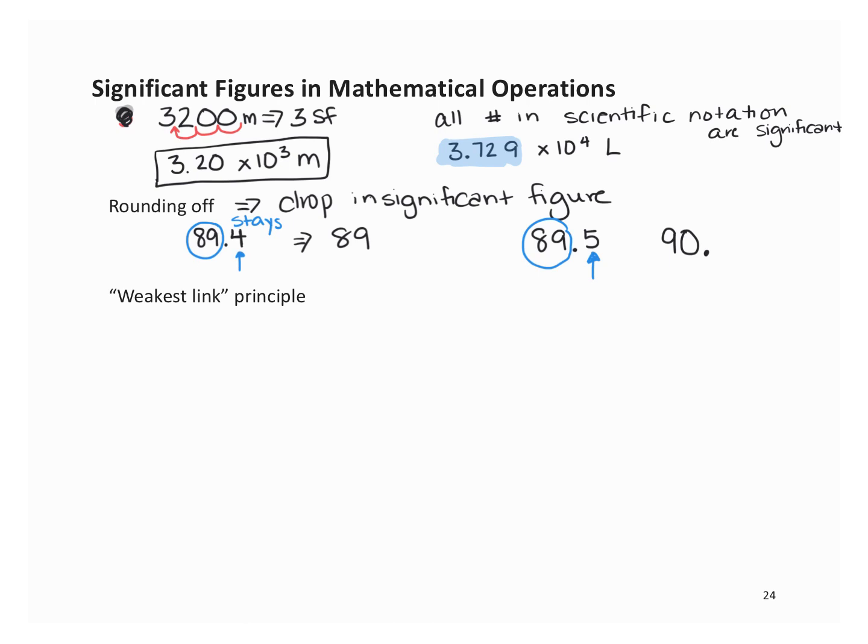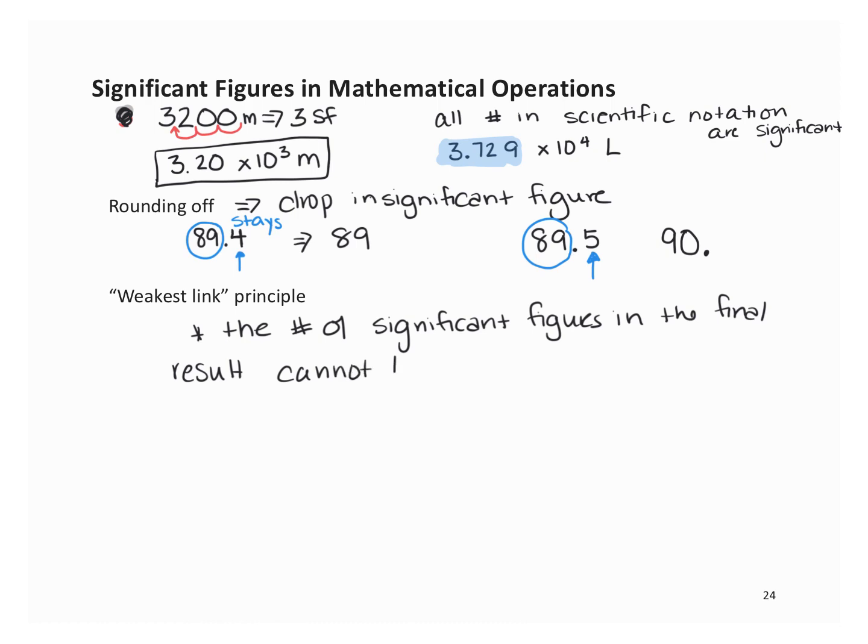Basically what that means is the number of significant figures in the final result cannot be greater than the weakest link used in the calculation.